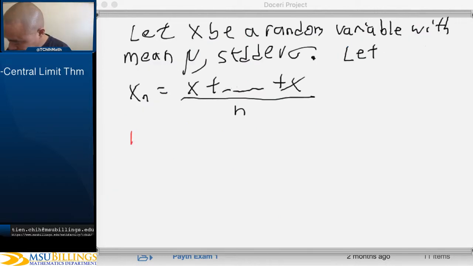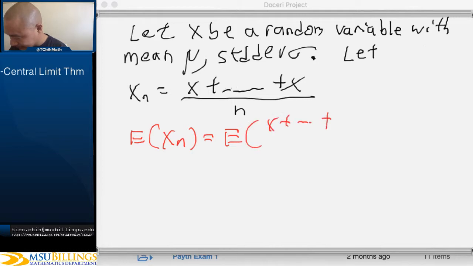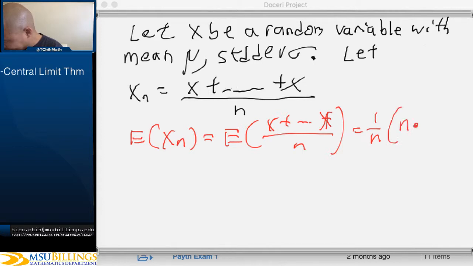Well, the expected value of xn is going to be computed the same way. It's the expected value of x plus dot dot dot x over n, which is 1 over n times n copies of E of x, which is mu.